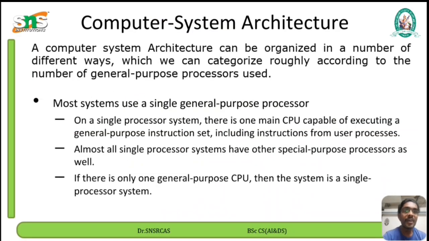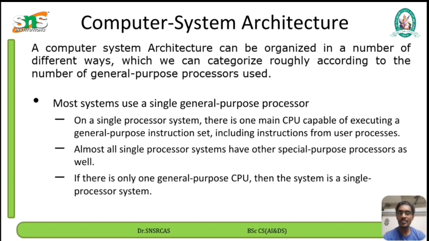A computer system architecture can be organized in a number of different ways, which we can categorize roughly according to the number of general purpose processors used inside a computer system.